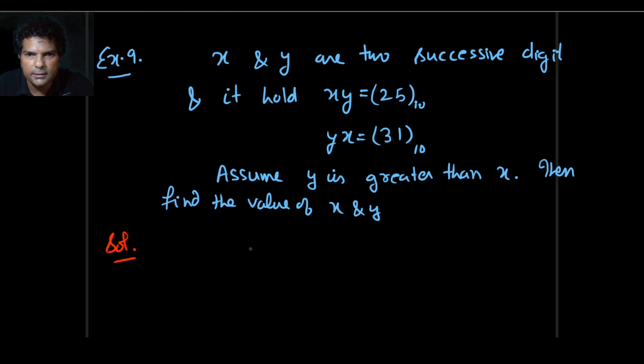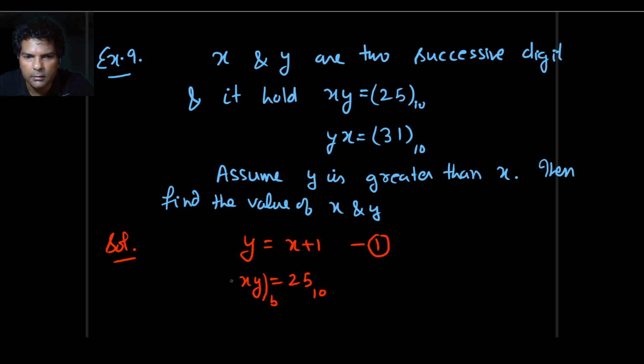Solution: y is greater than x and they are two successive digits. So the first equation is y equals x plus 1. This is equation number 1. Now another data we have is xy is equal to 25. We don't know the base of the left-hand side, let's say base b.